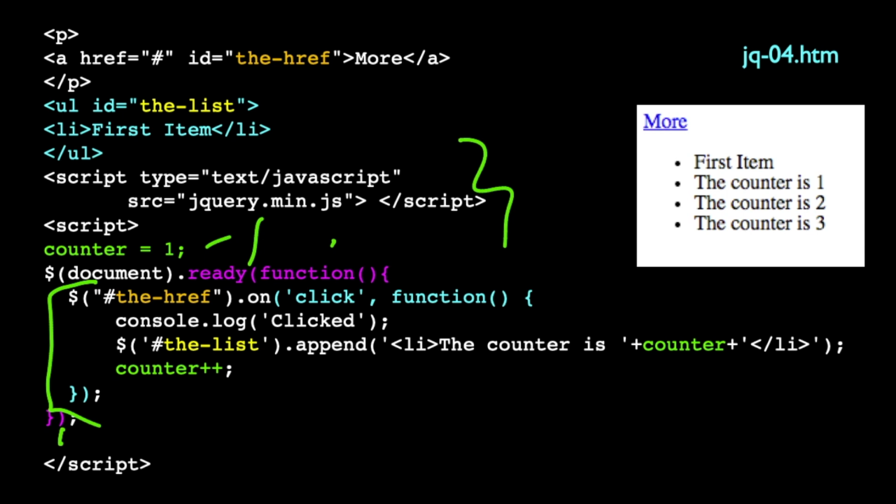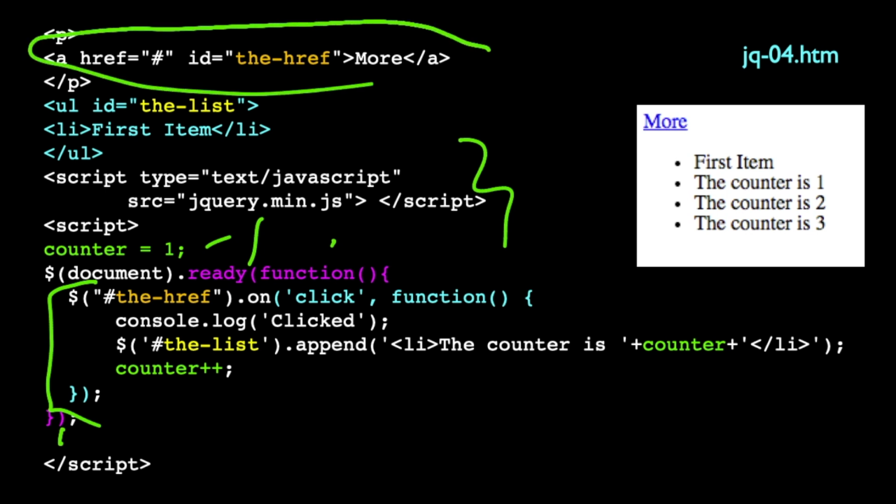And this happens to be go grab $ quote # the href says go grab whatever tag in the document has an ID of the href, and then that gets it, and then there's a method called on, and the on is the way to register interest in an event.